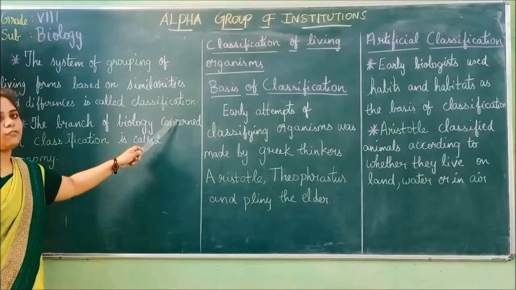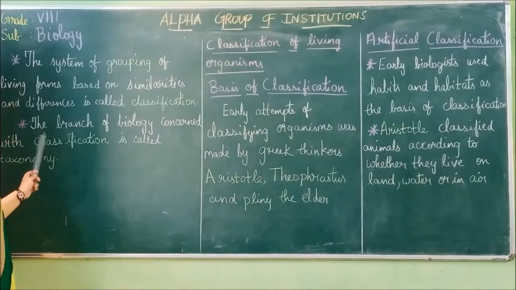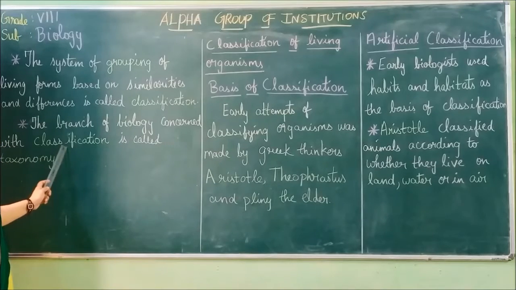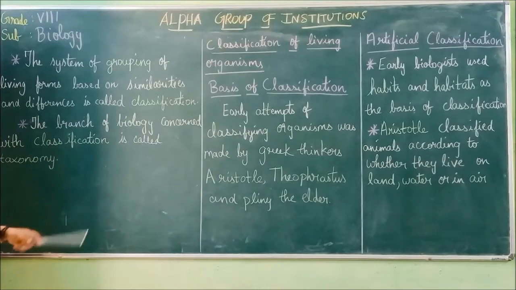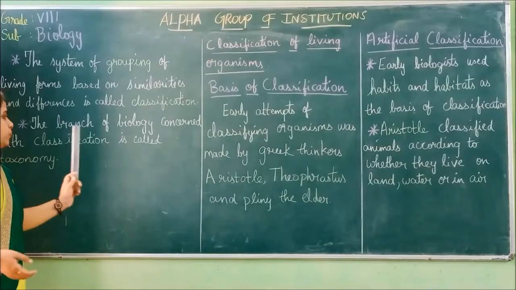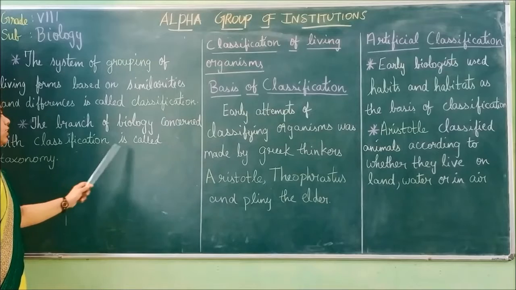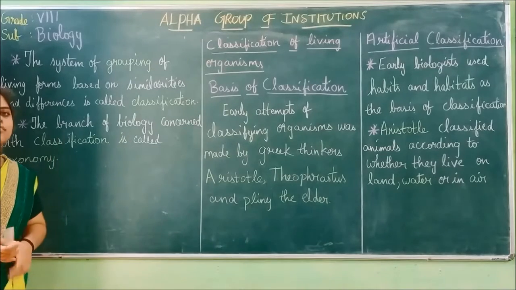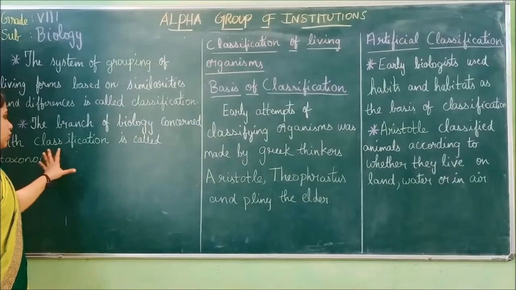And the branch of biology concerned with classification is called taxonomy. So this is a branch of biology that is related to classification, called taxonomy. So taxonomy deals with everything about classification alone.